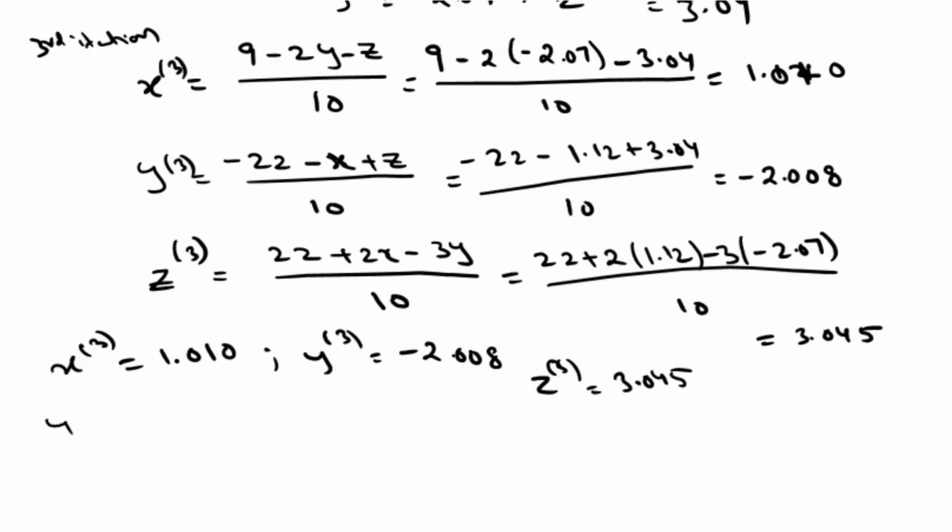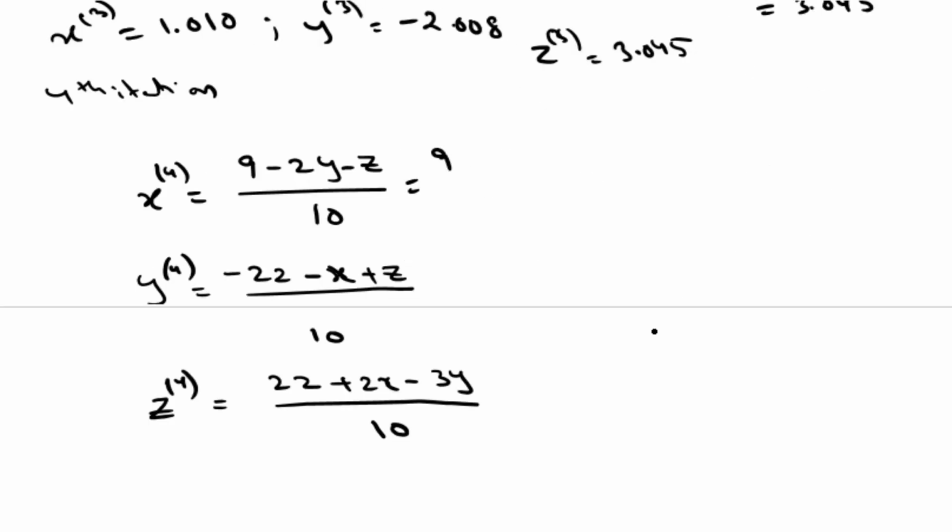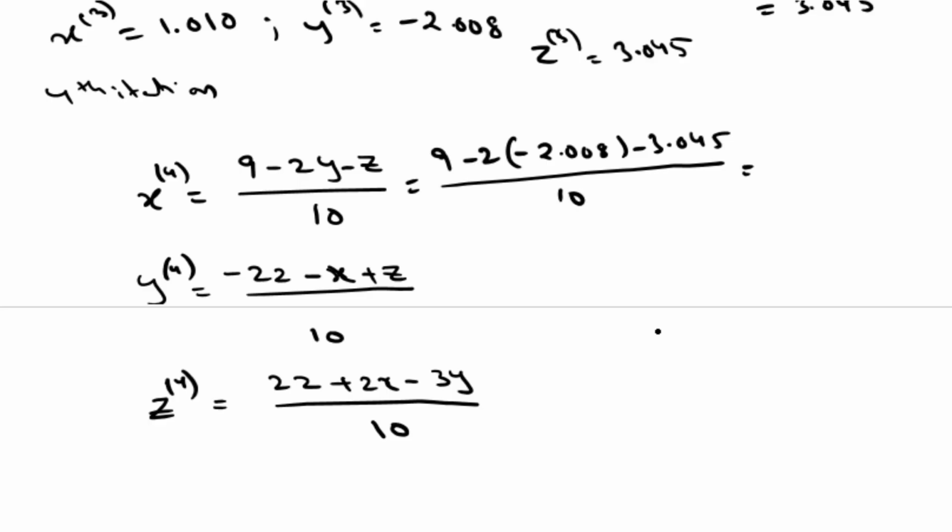Now x4 is equal to 9 minus 2 into minus 2.008 minus 3.045 divided by 10. We can obtain the value of x4 as 0.9971.